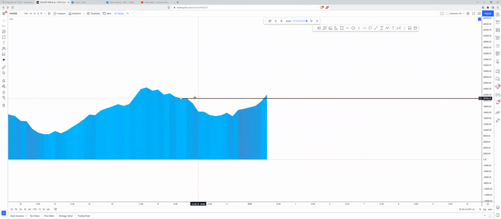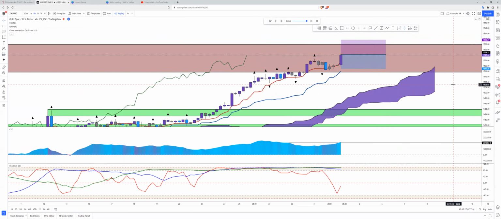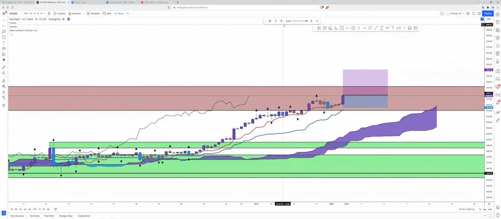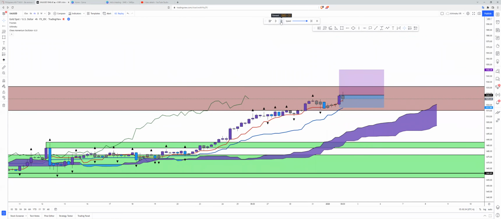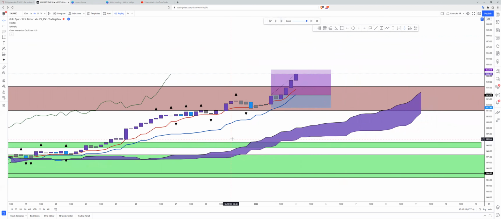See right there? You see how it broke above? That's your bullish engulfing candle to go long. So if you waited long enough, you could have entered in here for your trade. And let's see. You're triggered in, and now you're in profit. See how that played out?